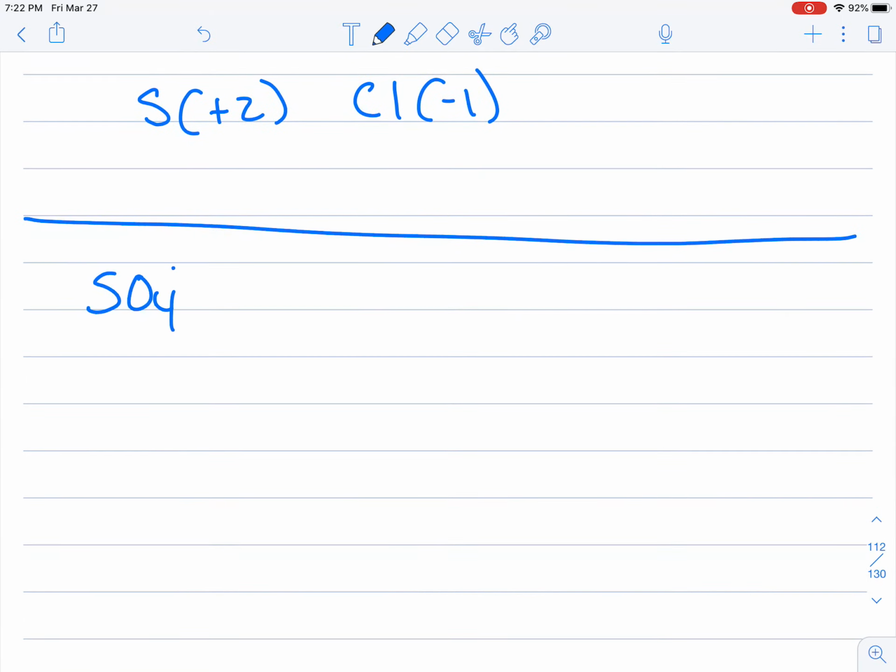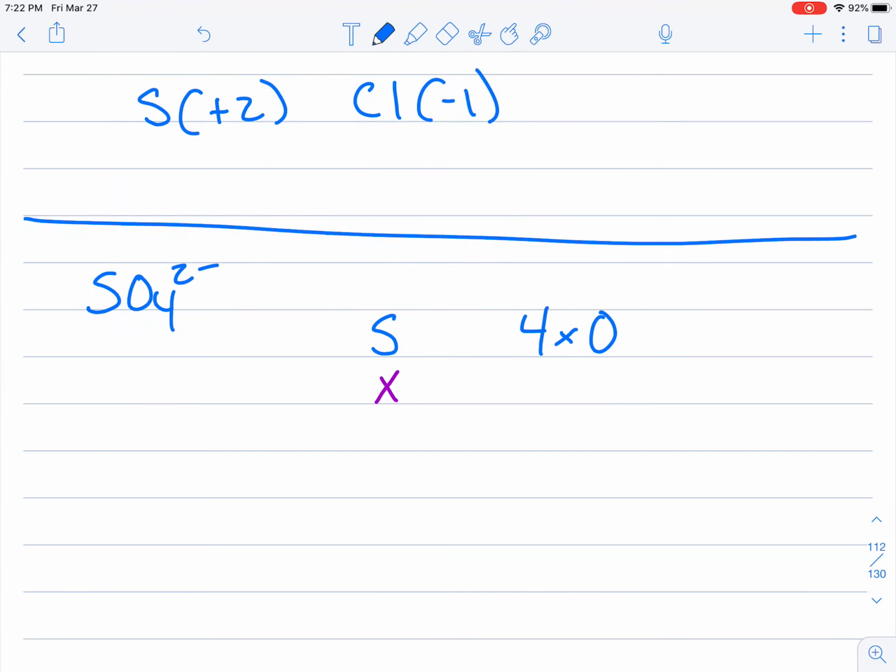So SO4 2-. So I'm going to separate these, and I'm going to say sulfur. Now there's 4 oxygens, and I could write these out, 1, 2, 3, 4. But when we have a whole bunch like that, sometimes multiplication is just the easier way to go. And I'm going to say 4 times oxygen, because we really have 4 of those oxygens. All right. So sulfur, we don't know about, so I'm going to put an X here.